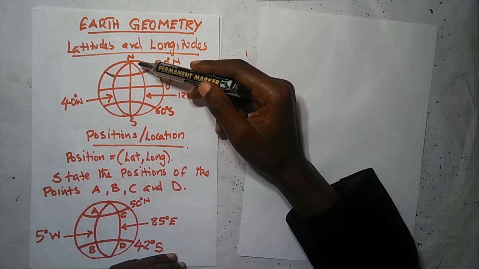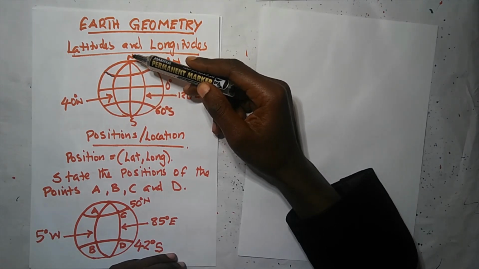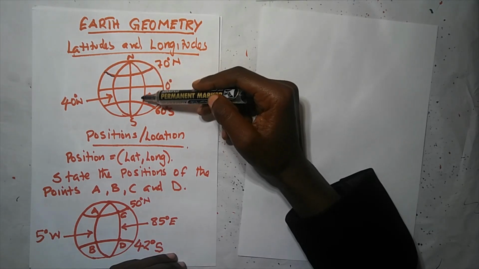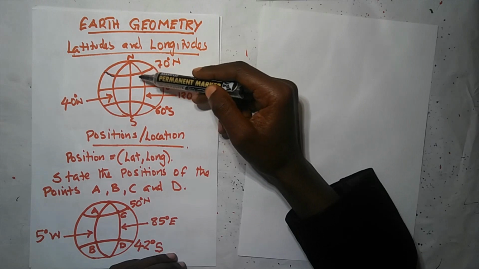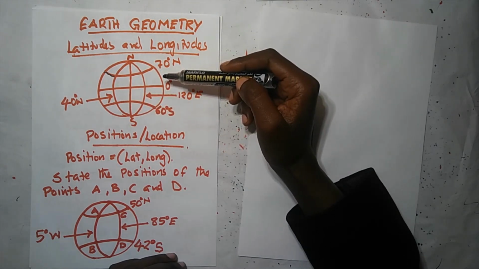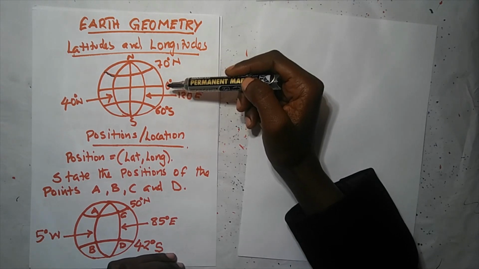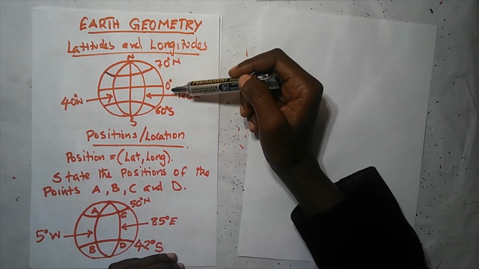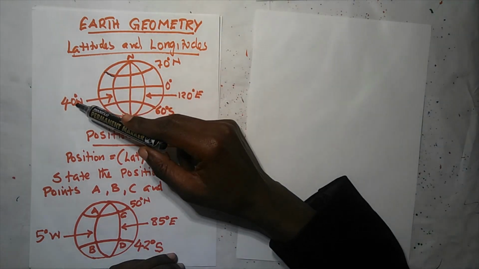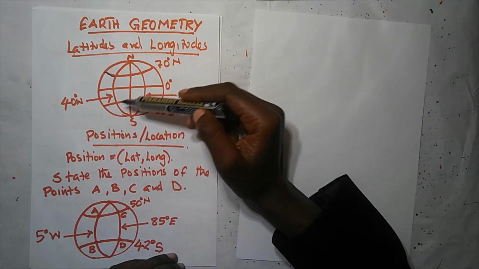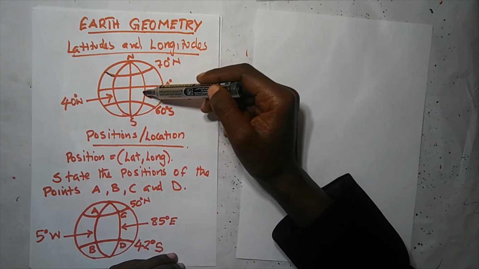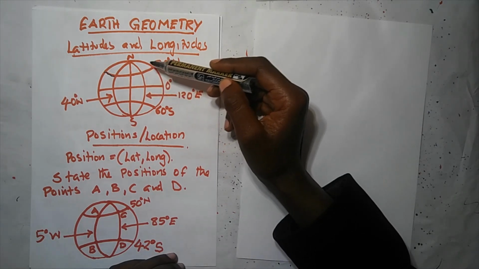Then when you talk about longitudes, they are great circles that run from the north going all the way down to the south. And we use east and west to show the direction of longitudes. They are also called meridians. And so in this diagram we have 40 degrees west here, which is a longitude on the western side, and then we have 120 degrees east, which is also a longitude on the eastern side.